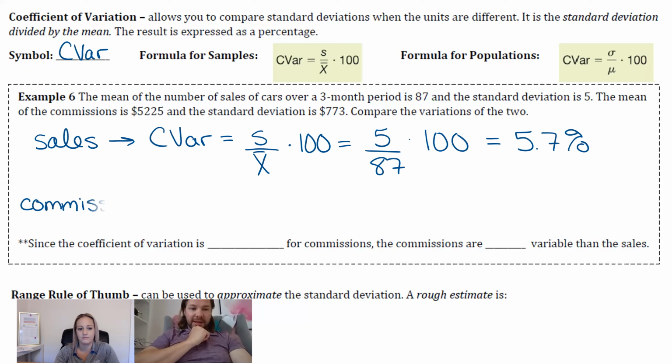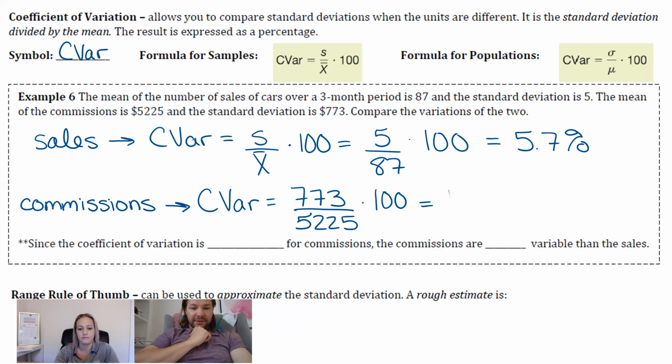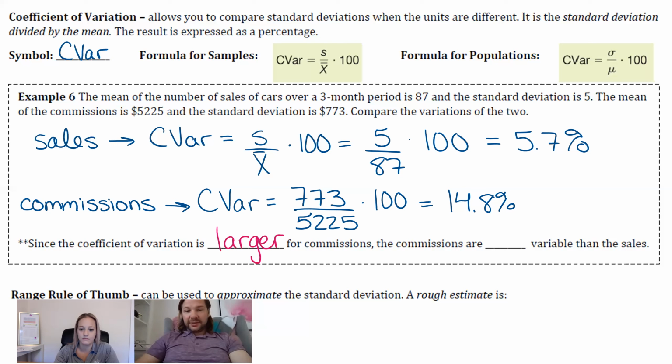And then to calculate the commissions, you take 773 divided by the mean, which was 5,225, and multiply by 100, and you get 14.8%. So comparing those two numbers, the commissions coefficient of variation is larger than the sales coefficient of variation, which means that the commissions are more variable than the sales.